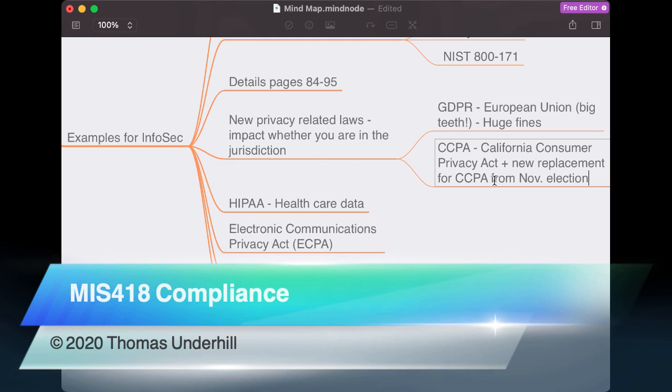The CCPA, again, doesn't require that people be in California necessarily. Okay? So your business could be based in Massachusetts, but the CCPA might apply to you because your website's available to California consumers to use. And quite frankly, in the US, it would be very difficult to block people from California from using your site.